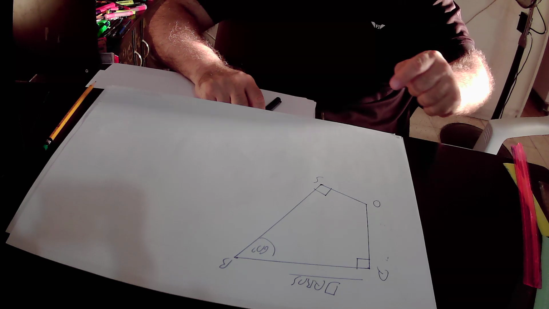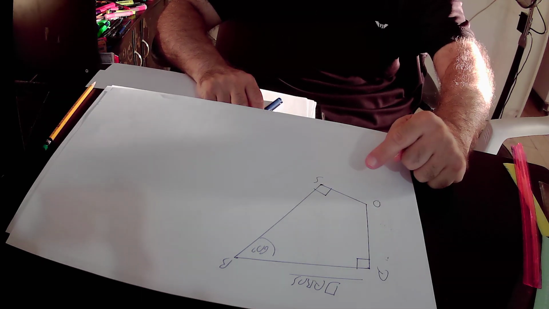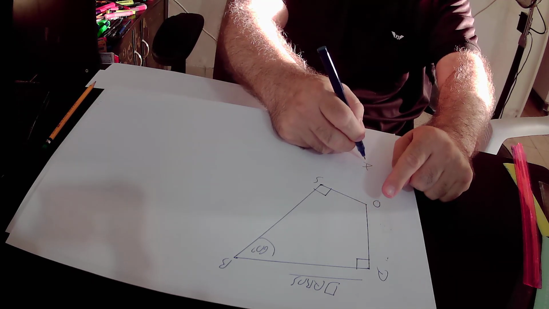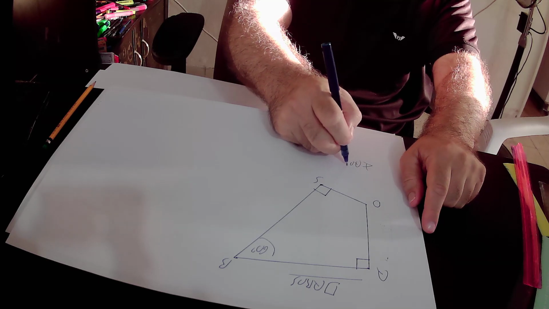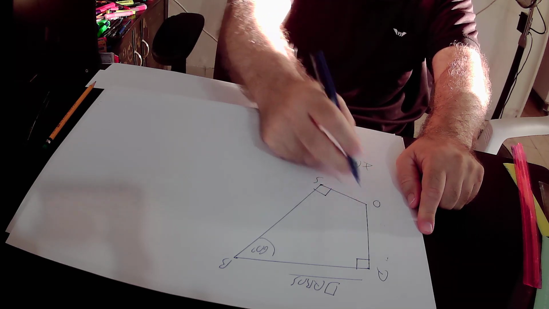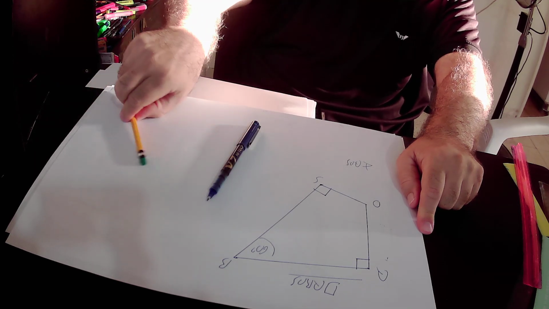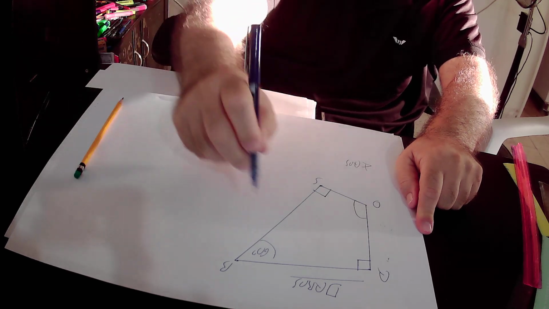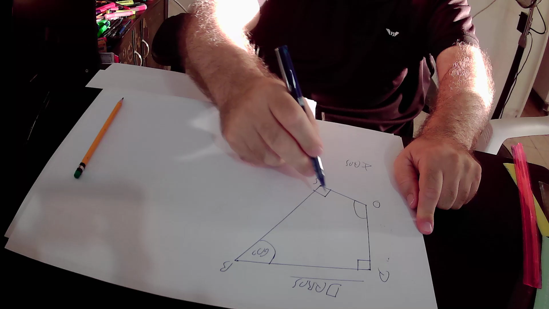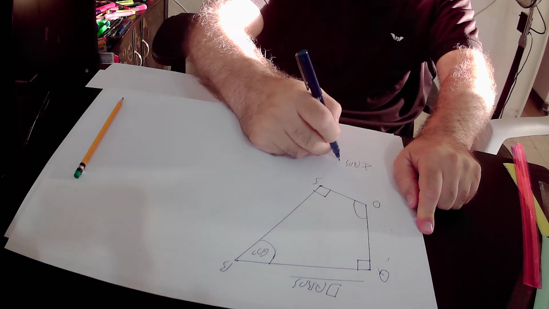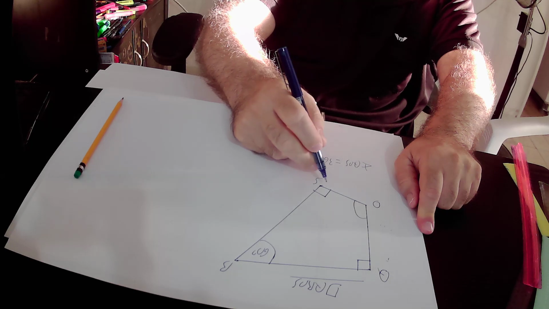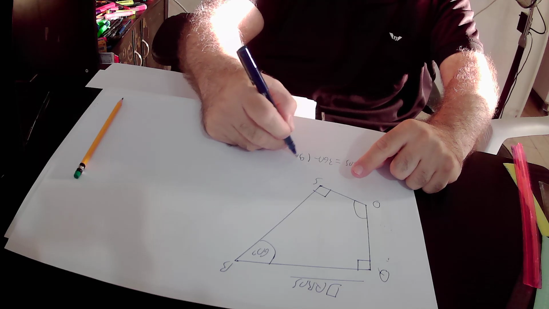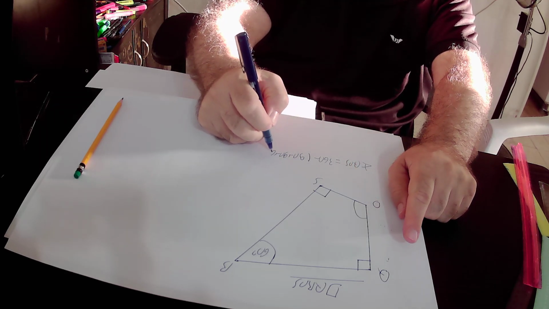In quadrilateral QBOS, angle QOS is the missing angle. What is the size of the missing angle, angle QOS? The size of this angle will be equal to 360 degrees, that is the sum of the angles in any quadrilateral, minus the sum of the three known angles, 90 degrees plus 90 degrees plus 60 degrees.